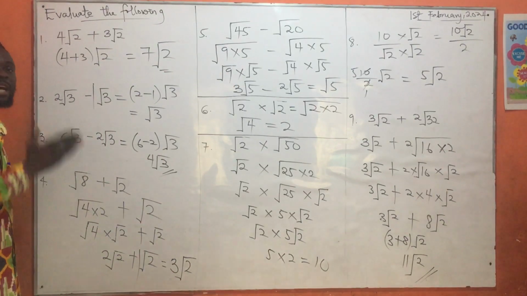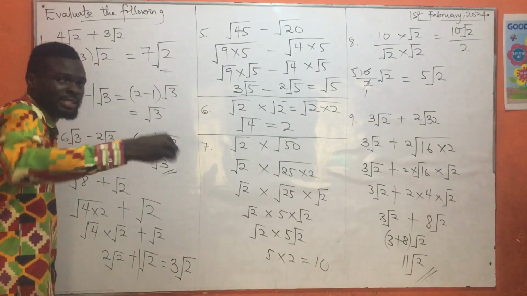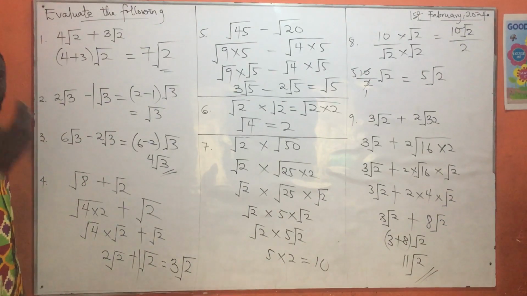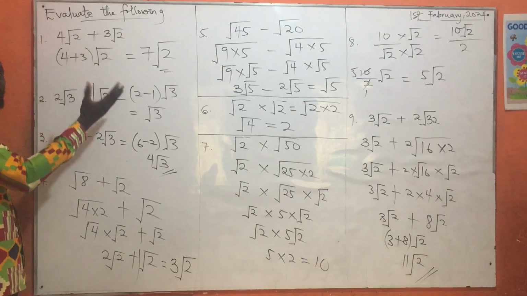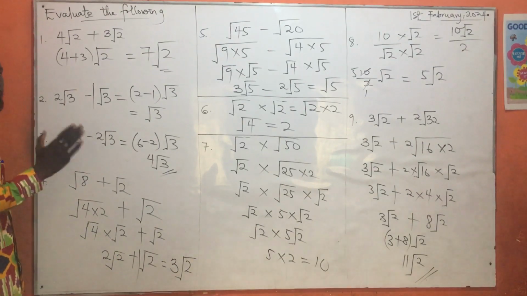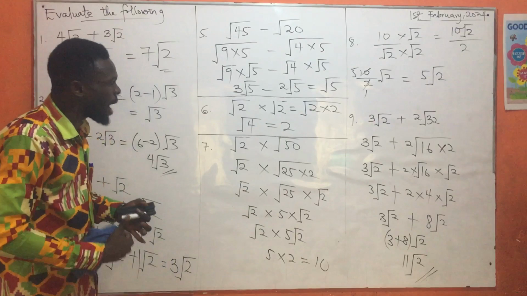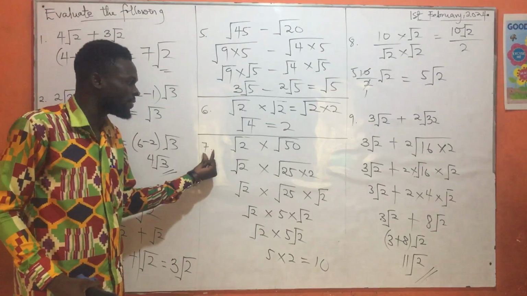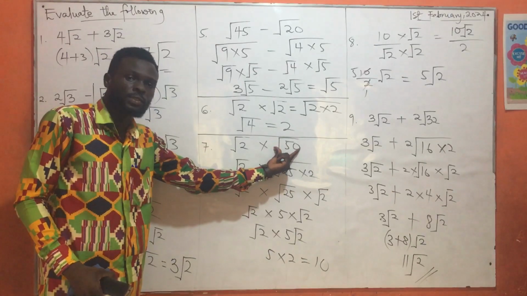If the surds are not equal, then you have to convert them into basic form. Then you solve your work. Now that goes with only addition and subtraction. But when it comes to multiplication, like in number 7, you have root 2 times root 50.